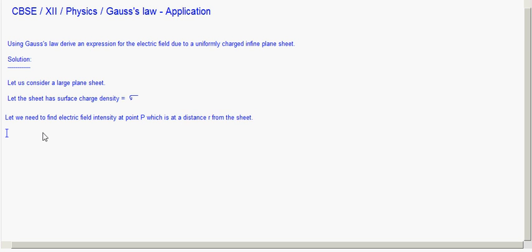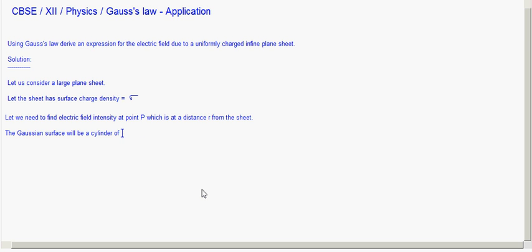So it is obvious that the Gaussian surface will be a cylinder.